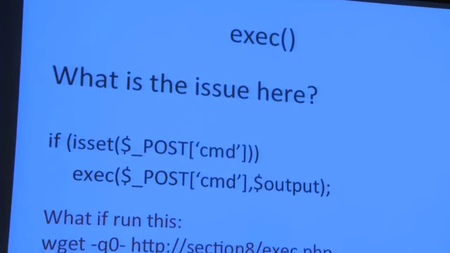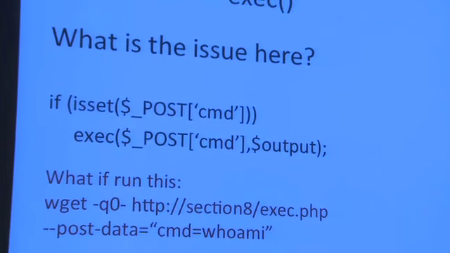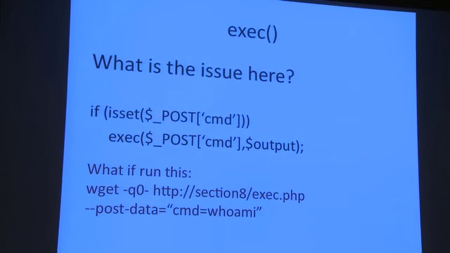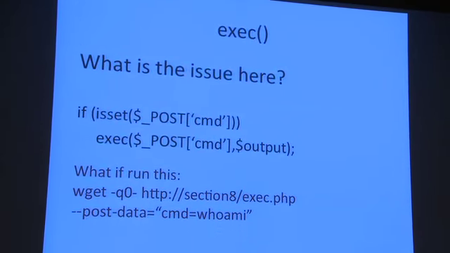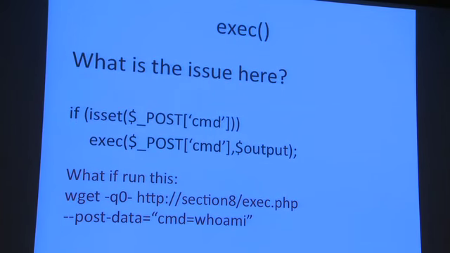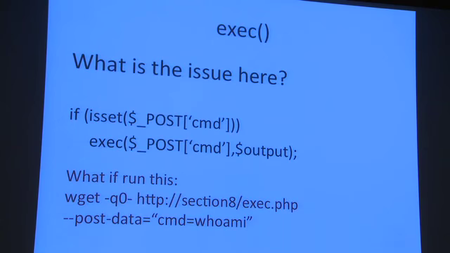So what if I do something like this? So wget, I don't think we've talked about. This is actually a command line tool that lets you download a web page. The -q -O - option is all that's going to do is display the output to the screen rather than saving this to a file, just for convenience.